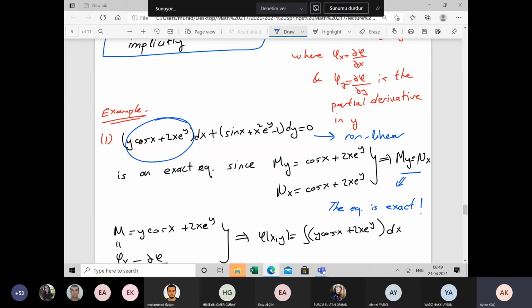And is it separable or not separable? Look at this one, the coefficient of dx contains x, and this one does not contain only y, so this one is not separable. Maybe it could be transformed into a separable equation.